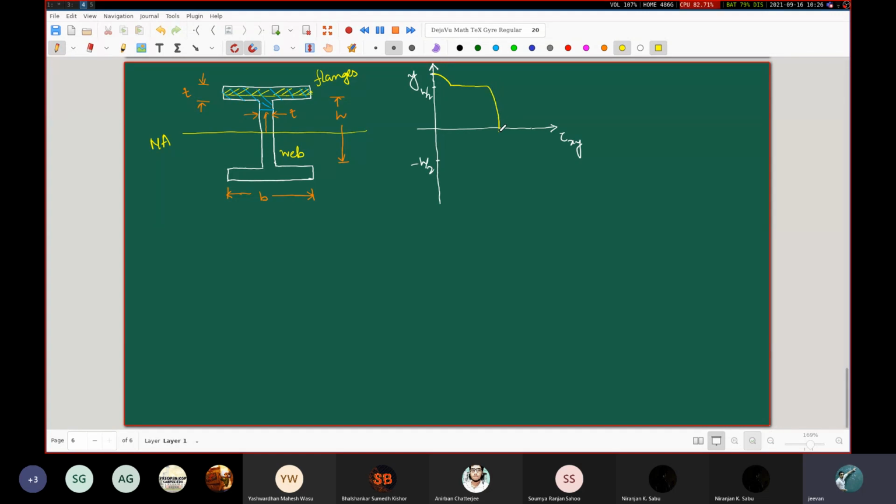So the curvature here is very, very small, or the radius of curvature of this curve is very, very large. And then it is going to be symmetric, something like that. And then it's going to again fall down. And then it is going to be like that. So this is minus h by 2 minus t.